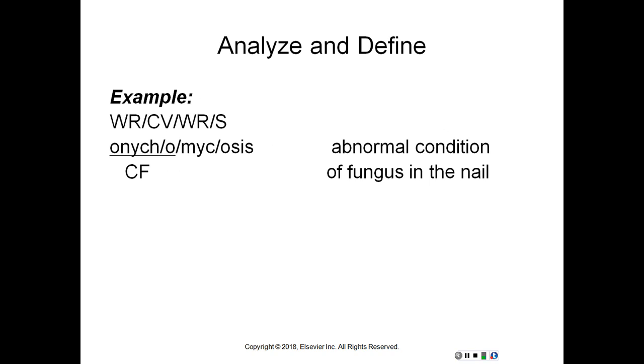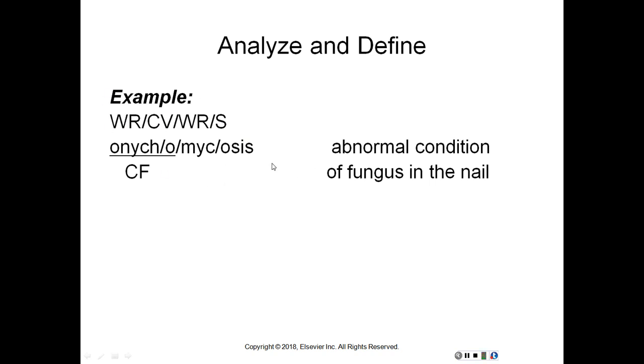So here's just an analyze and define. We have the term onychomycosis. Again, when you break it up, always start with the suffix. Again, here's the abbreviations up here. So osis is the suffix, which means abnormal condition of fungus in the nail.